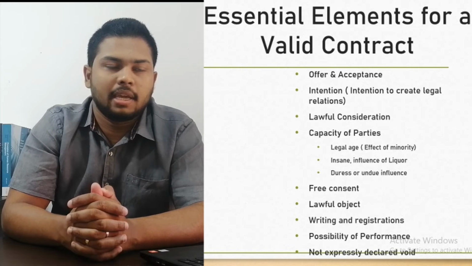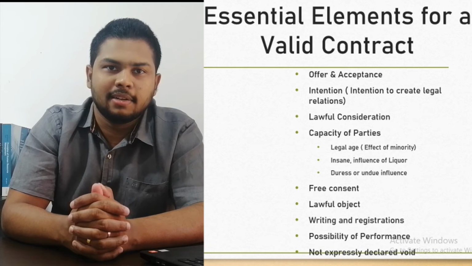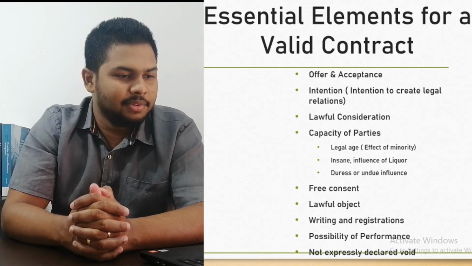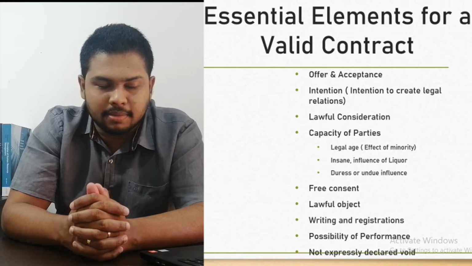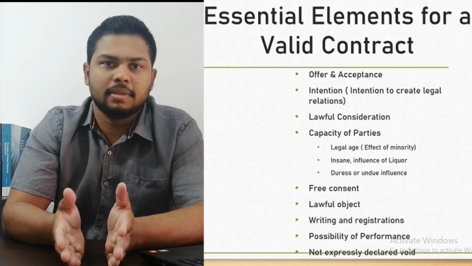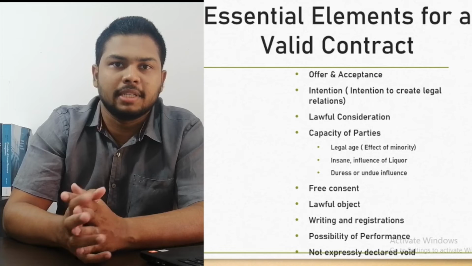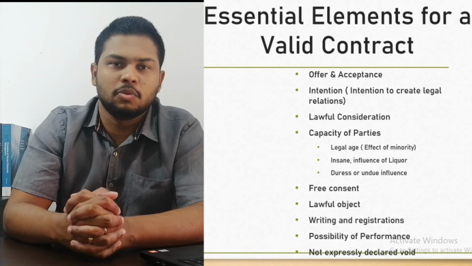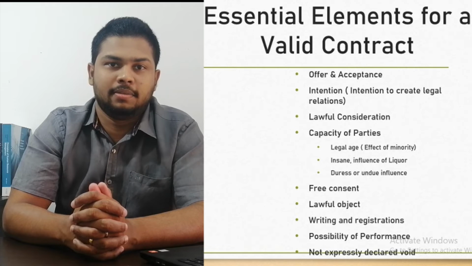You cannot make any contracts on the life of a person, right? Okay, right. Lawful object. And writing and registration. And possibility of performance. There should be possible performance, right? You cannot expect persons to do things which can only be performed by the gods, right?